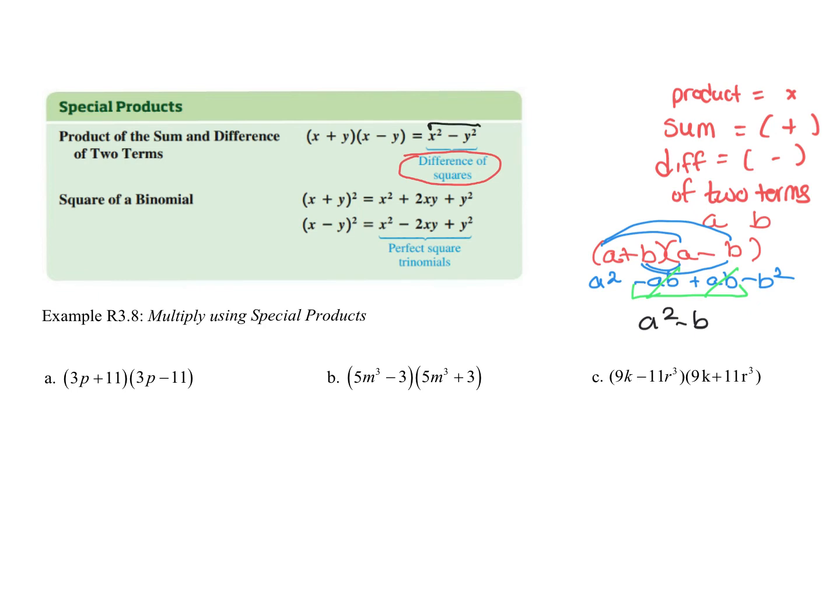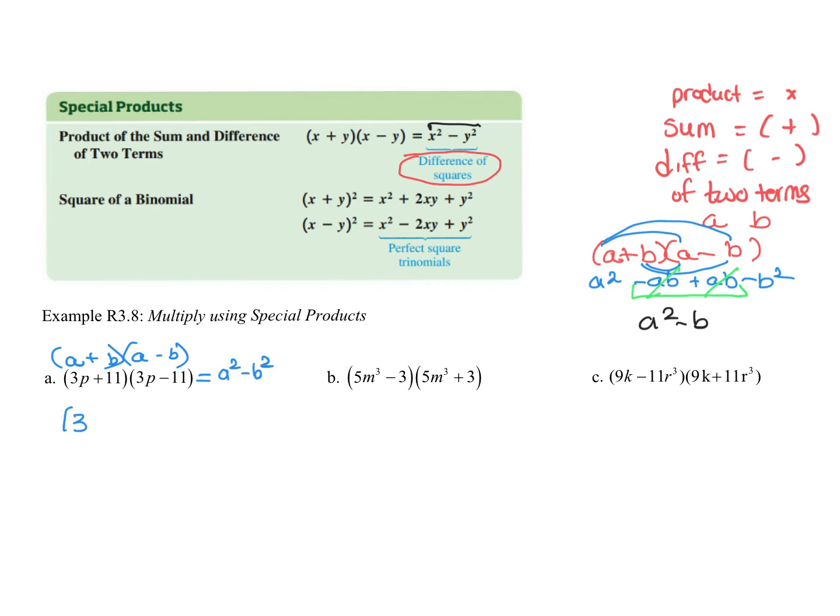So let's use that pattern on the first three, and then we can look at the other pattern in the box. So if I go to do this first problem, here's my a and my b, and these were adding. Here's my a and my b. They were subtracting, so you should recognize the pattern, and you should know this is going to equal a squared minus b squared.